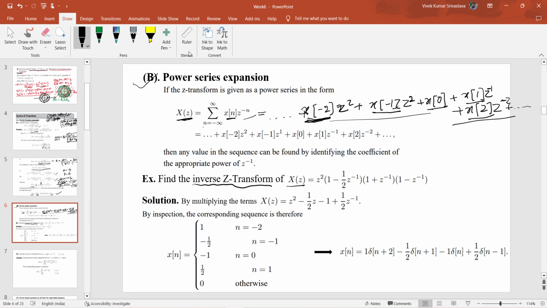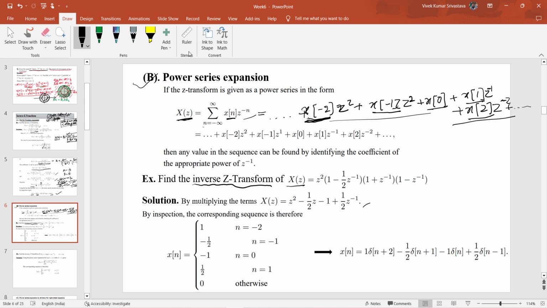Which is given as z square into in bracket 1 minus 1 by 2 z raised to the power minus 1, in bracket 1 plus z raised to the power minus 1, in bracket 1 minus z raised to the power minus 1. Here we can see that it has only numerator function.